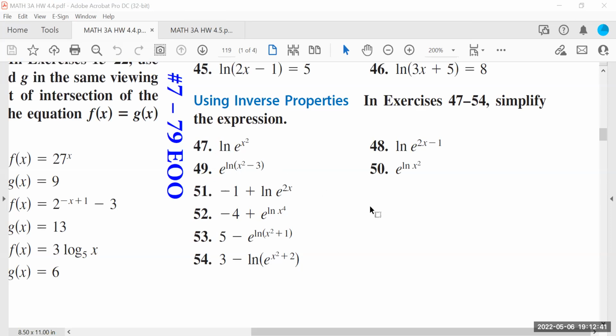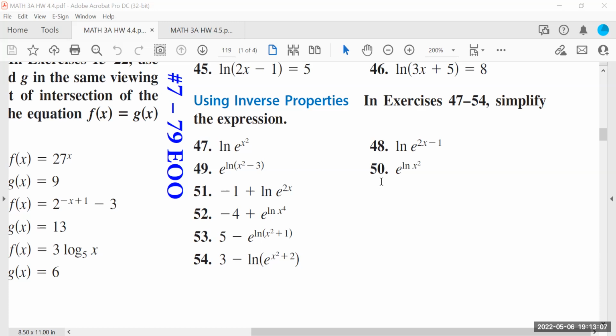It would actually take me longer to write it on the board than to do the problem. Because the base is e raised to a natural logarithm, the bases are the same. They undo each other. They're inverse functions. So the answer is just the insides, x squared minus 3. That's all.